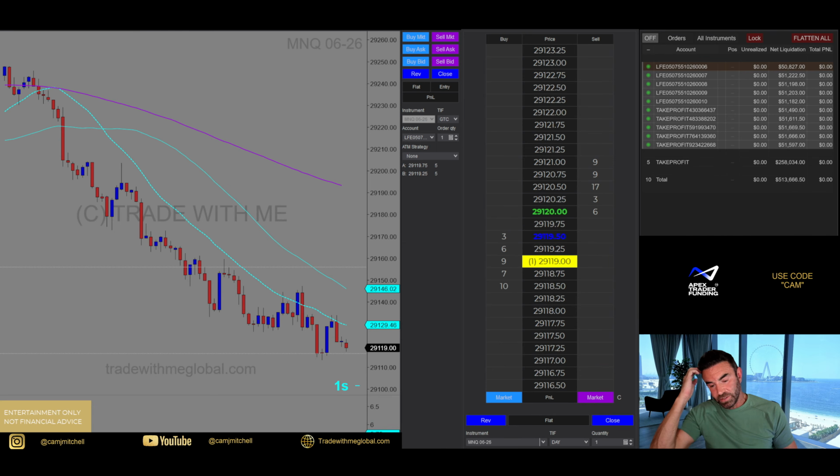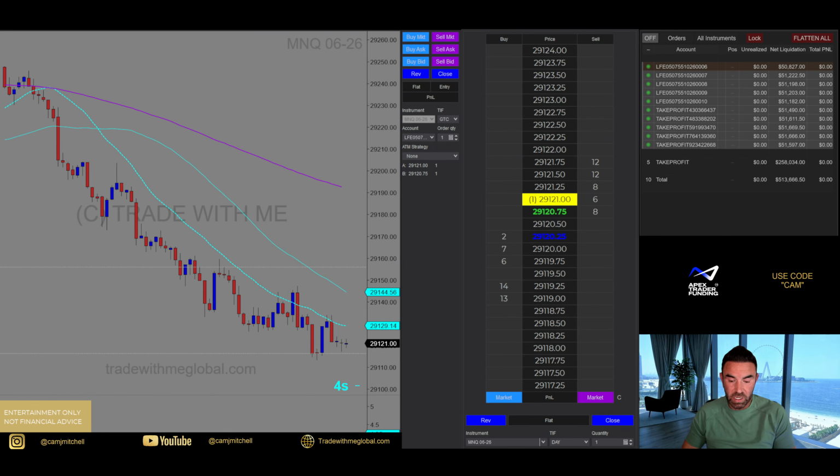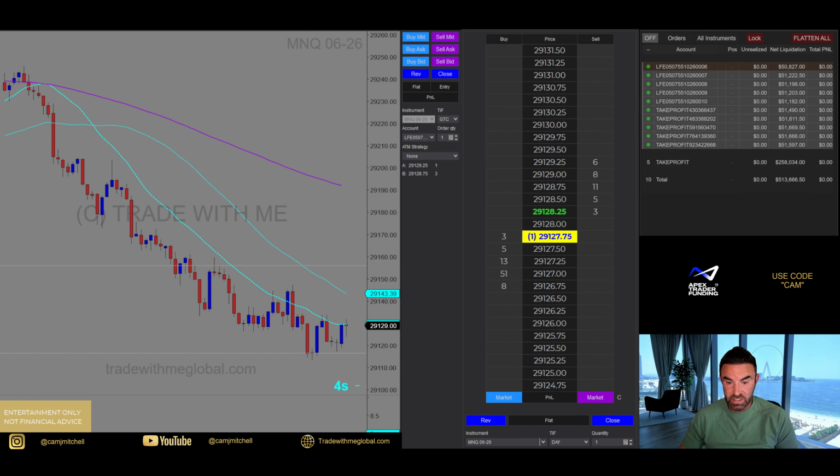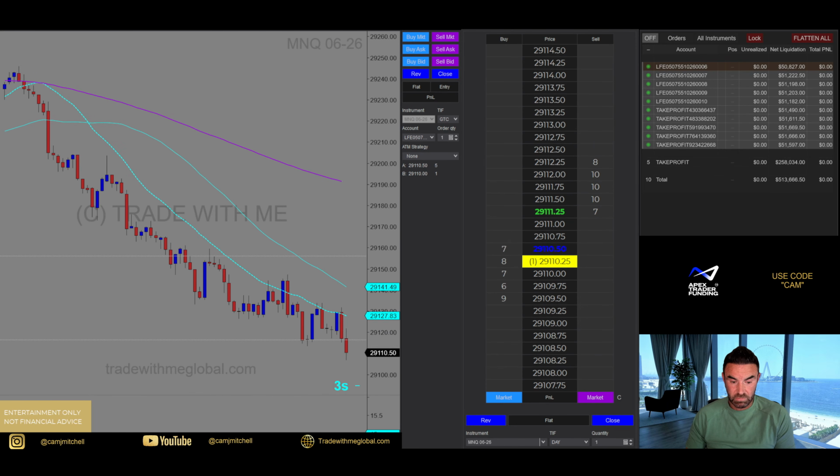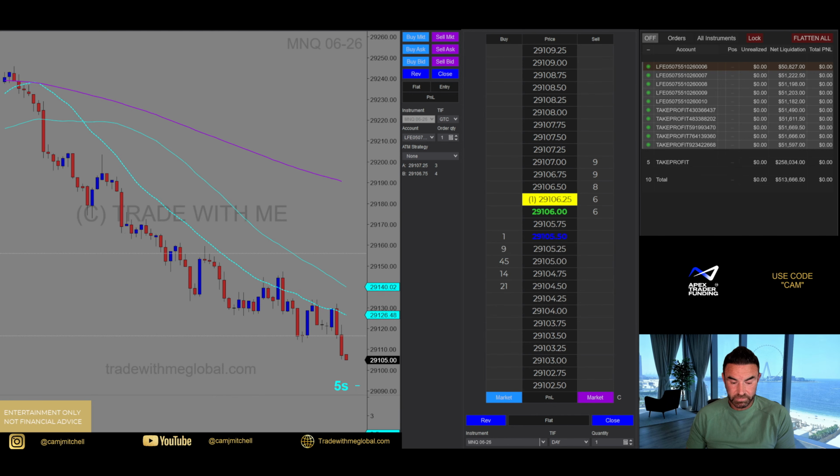It just hasn't slowed. It's still in a price phase. So if you really want it to reverse, you want it to slow first. So 5 minutes broken.